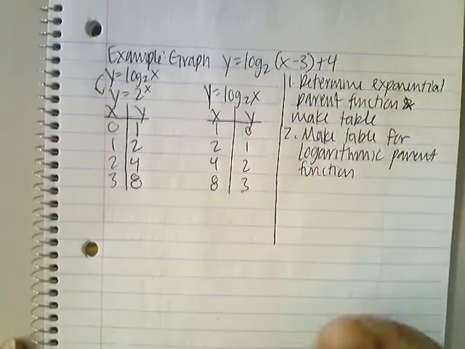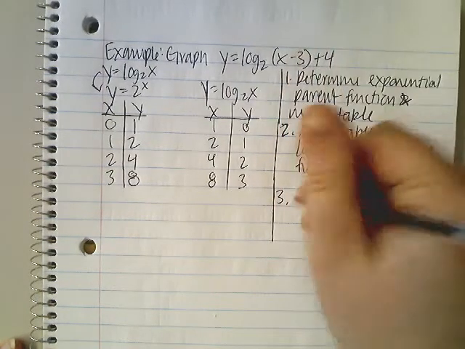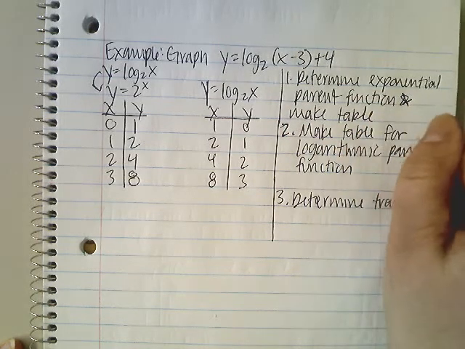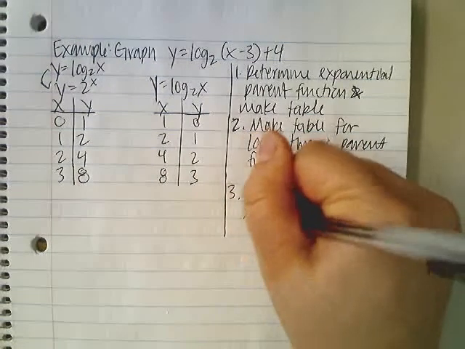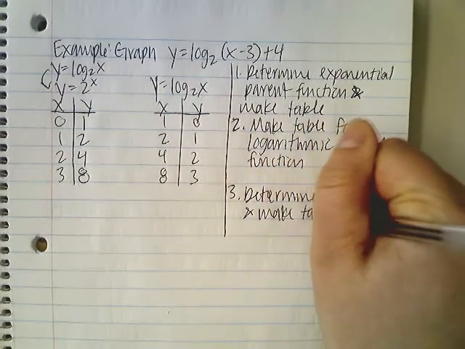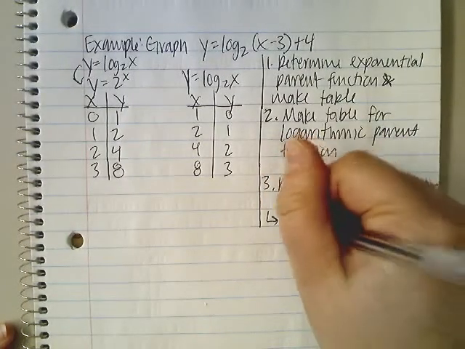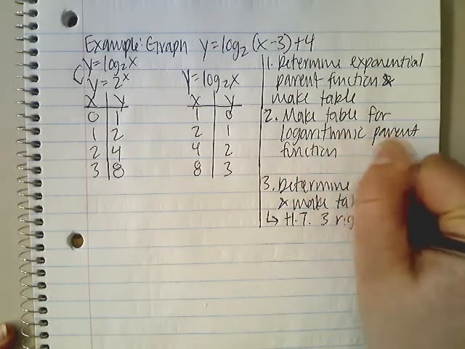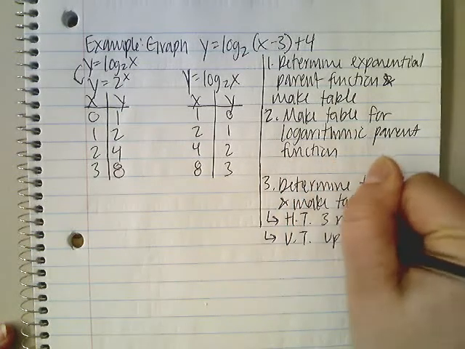And the next thing I'm going to do is determine the transformations and make a table. So it's just a series of tables. It's just a series of transformations. So here my transformations are a horizontal translation 3 right and a vertical translation up 4.